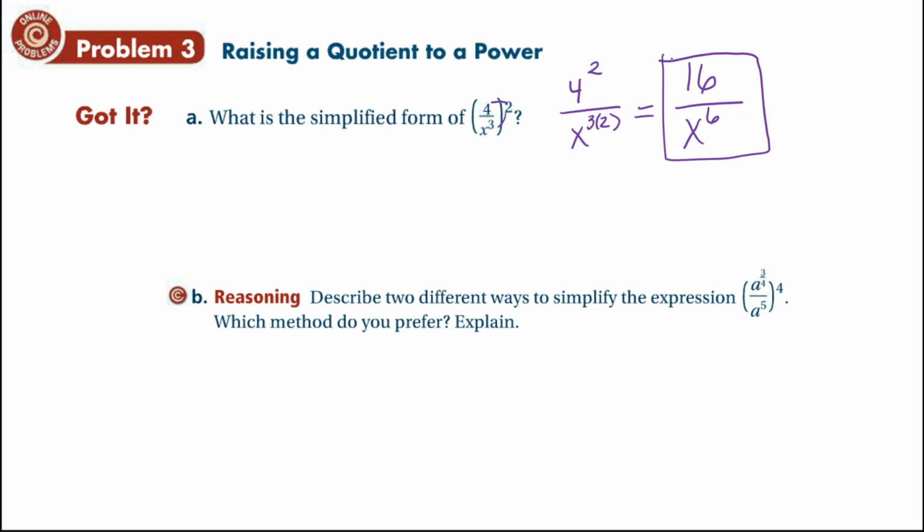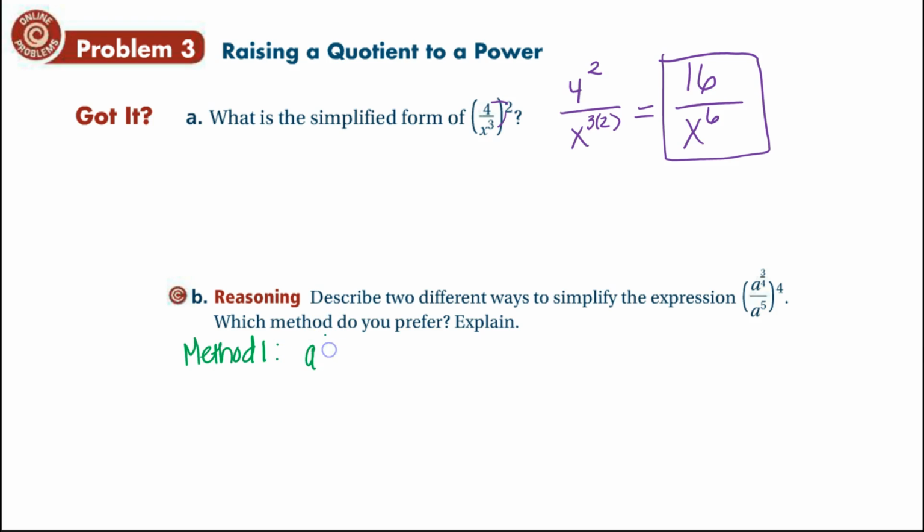Part B, describe 2 different ways to simplify the expression a to the 3/4 divided by a to the 5th, all to the 4th power. Well, method 1 would be doing what we were doing before and distributing.